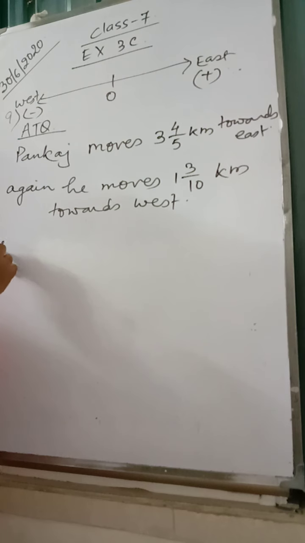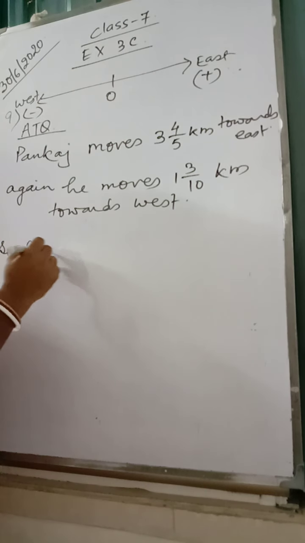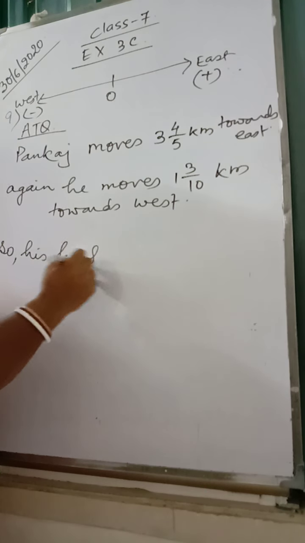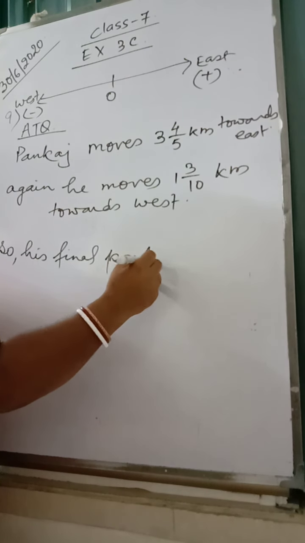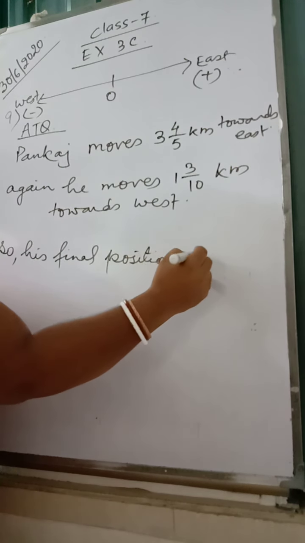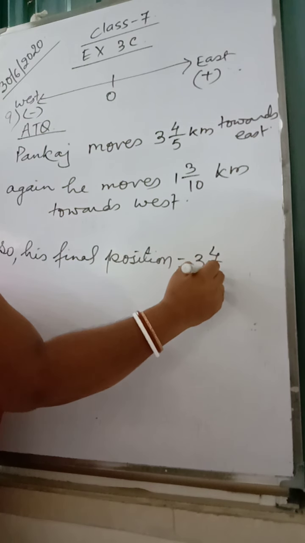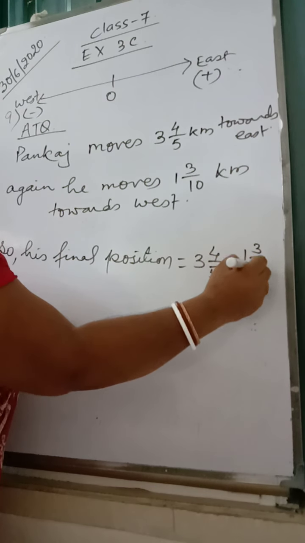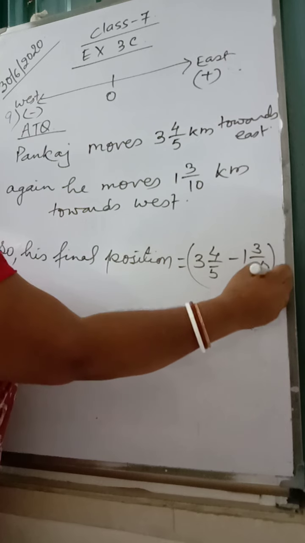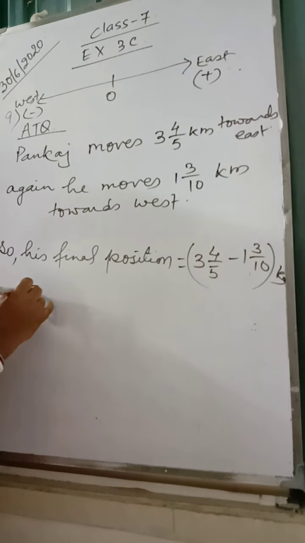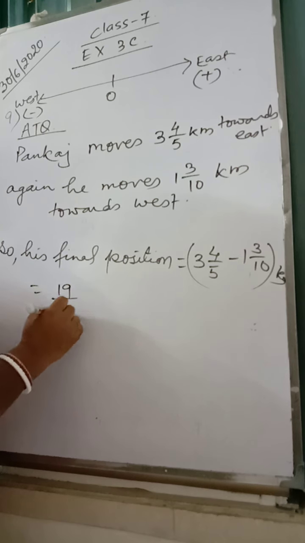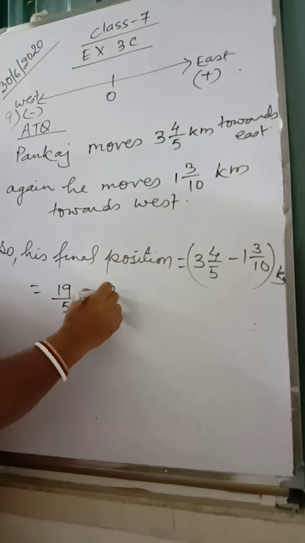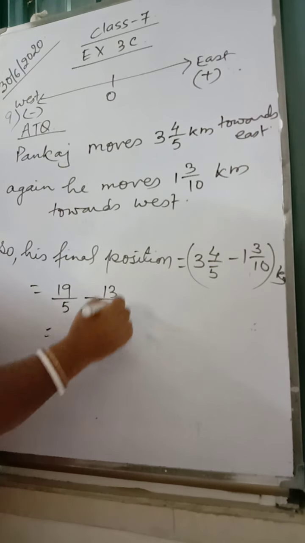So his final position is equal to 3 4/5 minus 1 3/10 kilometers. Now 5 3s are 15 plus 4, 19/5 minus 13/10 kilometers.